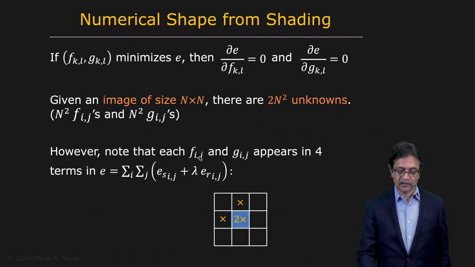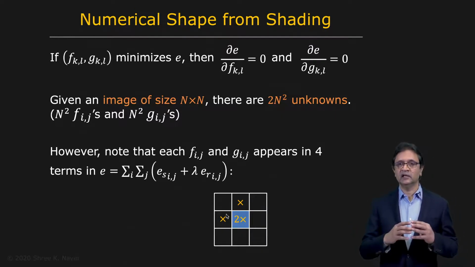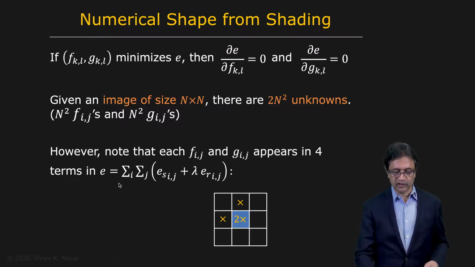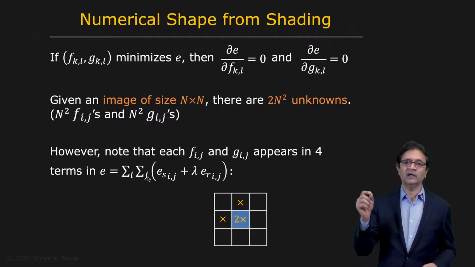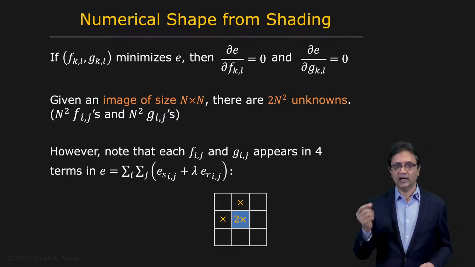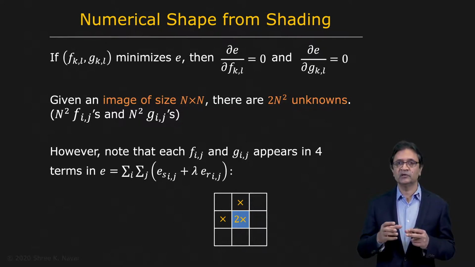In other words, fij and gij will appear twice in the term that corresponds to that pixel ij itself in E. They will appear once for this pixel, the term corresponding to this pixel on top, and this pixel to the left. So that's the saving grace here, that even though you have a summation over the entire image, if you take any one pair of f and g, that is fkl, gkl, that's going to appear in only 4 terms.